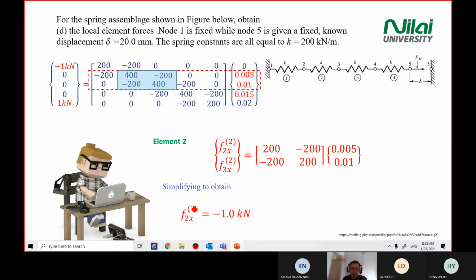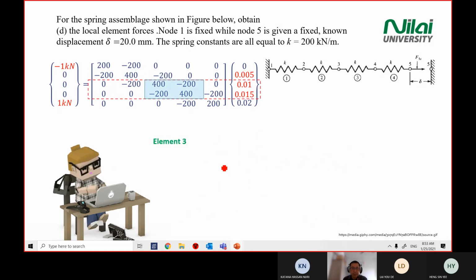You get force at node 2 equal to negative 1.0 kilonewton and F3 equal to 1. This is what you solve for the second element. You do the same for elements 3 and 4. The rest of the slides just repeat what we did for elements 1 and 2.